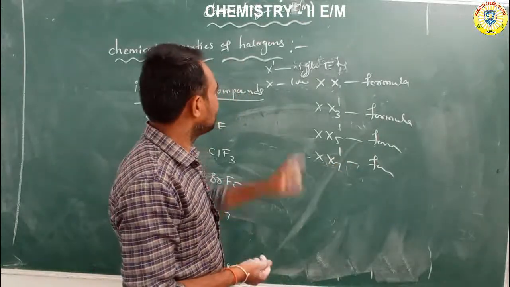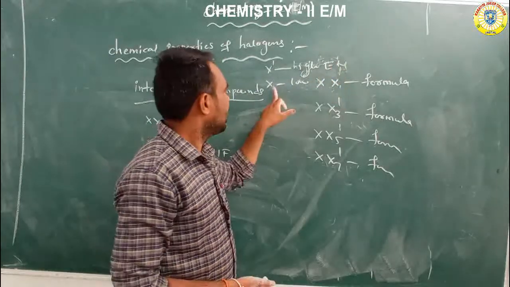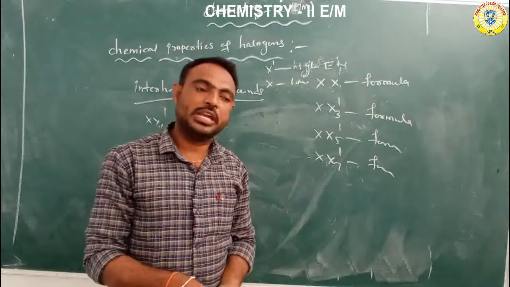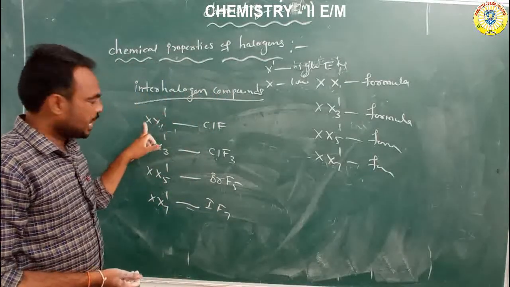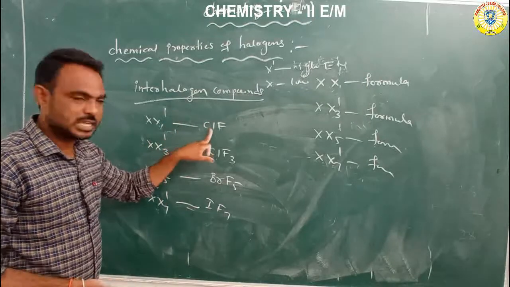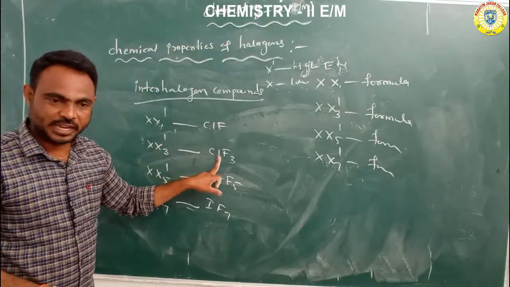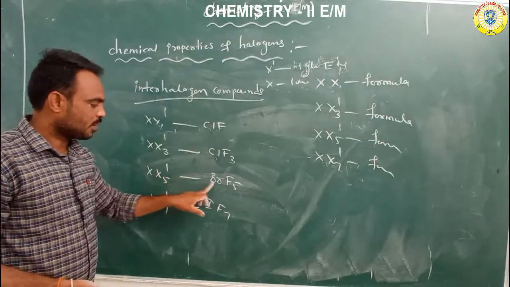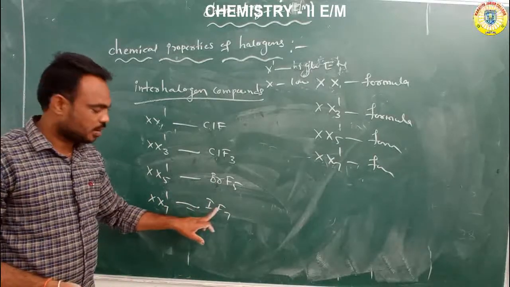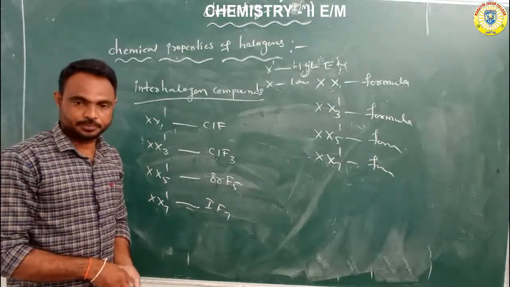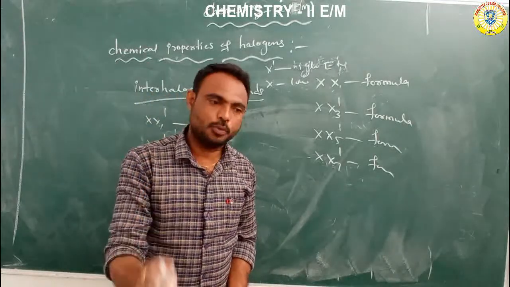But here one condition: X' is a high electronegativity element, X is a very low electronegativity element. So XX' formula, example ClF; XX3' formula, ClF3; XX5' formula, BrF5; XX7' formula, IF7. So they are all interhalogen compounds.